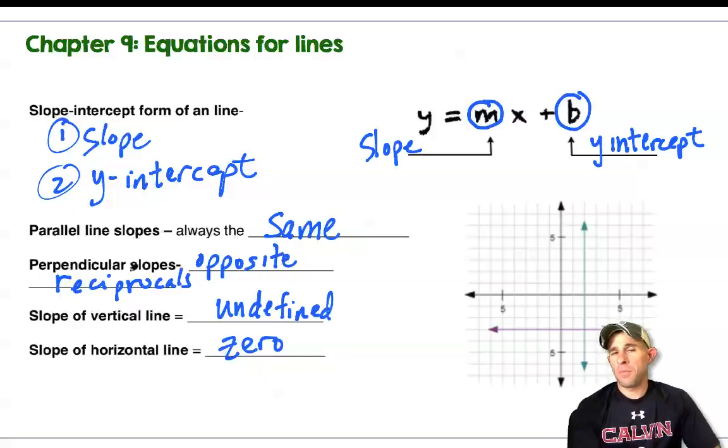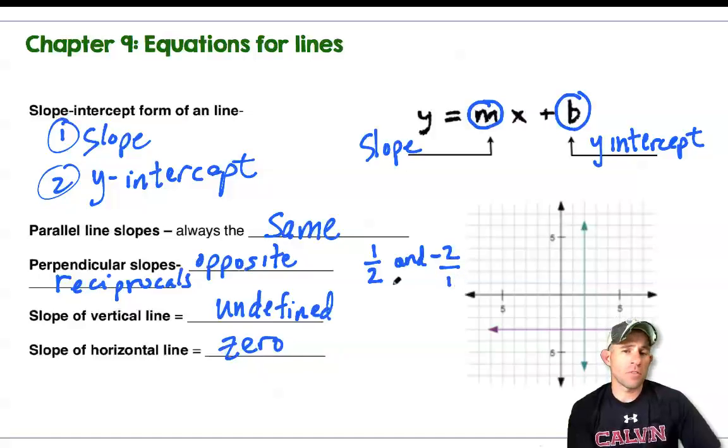All right, now also keep in mind parallel lines have the same slope, whereas perpendicular slopes are opposite reciprocals. For example, 1/2 and -2/1 would be opposite reciprocals. So lines that have these two values for slope would be perpendicular to each other.